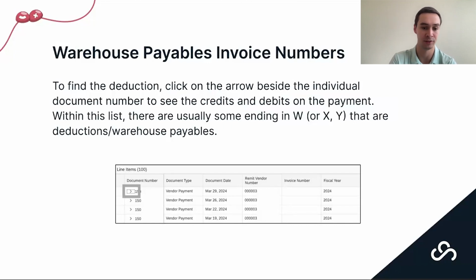The drop down arrow selected in the image below is how you can dig into each individual vendor payment and get an idea of what built up to that overall payment, what was added, and what was subtracted. You'll see some potential deductions ending in a W, X, or Y, and it'll say vendor credit memo instead of vendor payment. So it's worth keeping an eye on.